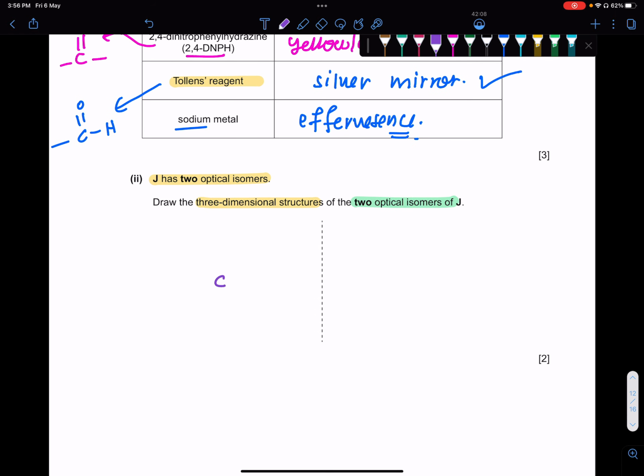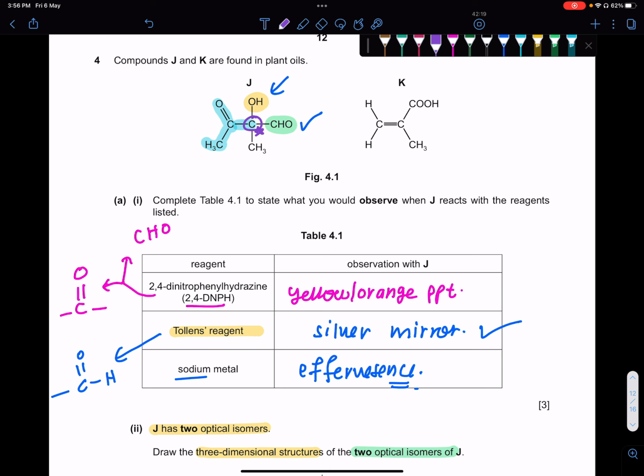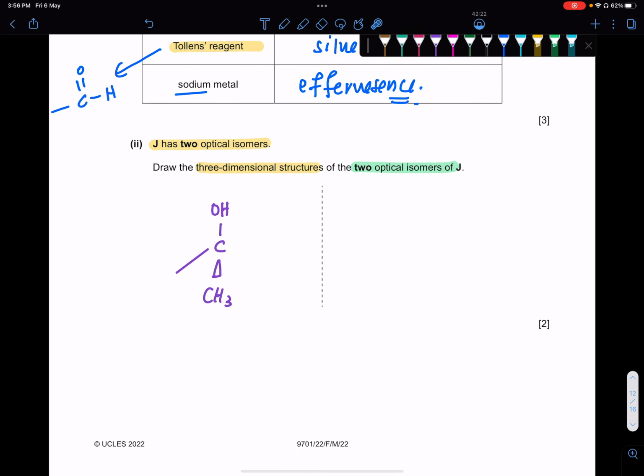So there's a carbon atom, and from the top it's joined with the OH down. So for the 3D structure, we draw a wedge with a CH3, and then it's bonded to what? This group. It is COCH3, right? COCH3. And this you can draw with a dotted line too.